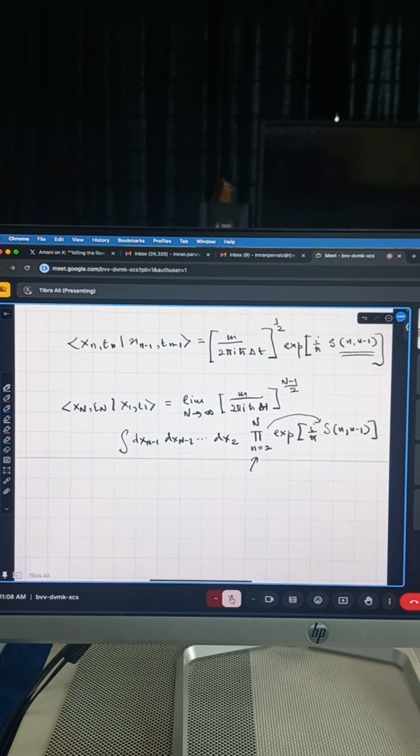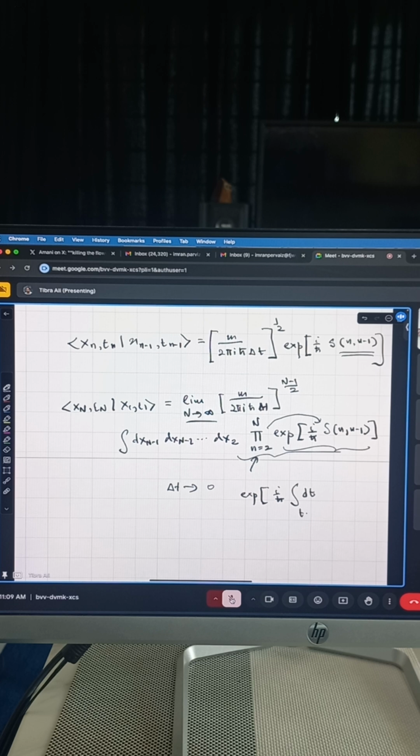So we see that in the limit where delta t goes to 0, this whole object is going to be the exponential of i by h bar. The summation will become an integral over t, from t1 to tn.